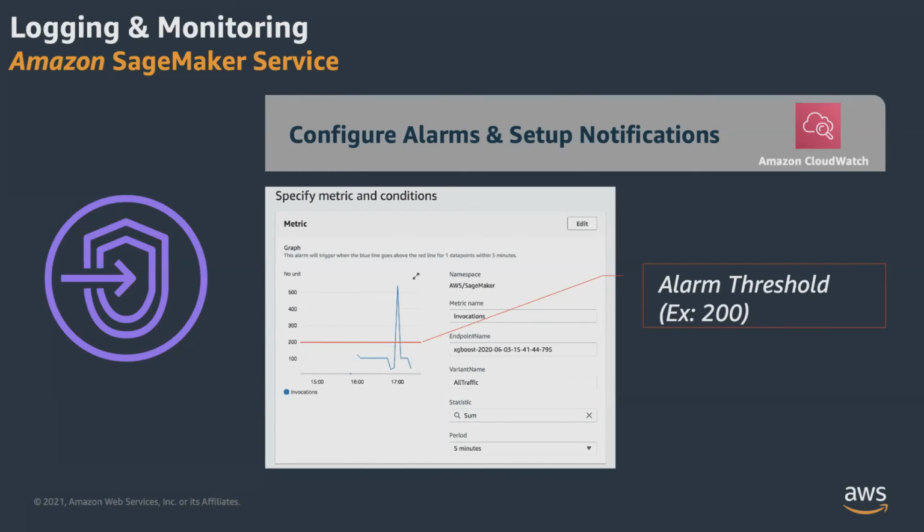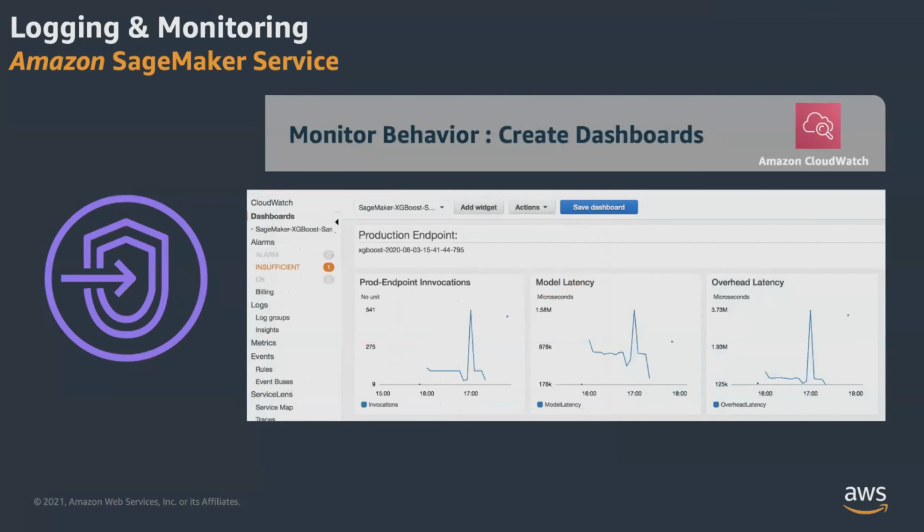For example, response not the 200 code, or you are seeing the latency is dropping or increasing during the different times, so that you can have an overview for your endpoint, how does it behave with the dashboard.